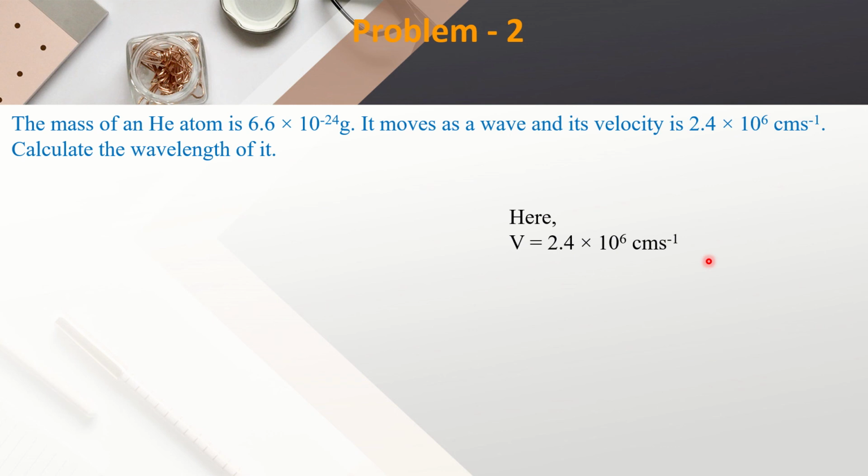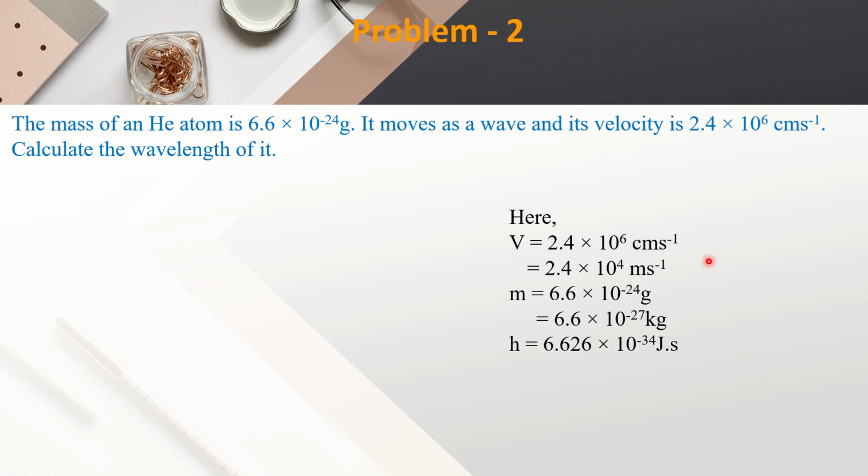Velocity 2.4 into 10 to the power 6 centimeter per second comes 2.4 into 10 to the power 4 meter per second. Mass is 6.6 into 10 to the power minus 24 gram, it comes 6.6 into 10 to the power minus 27 kg. Planck's constant is given. You have to find out the wavelength of this atom.